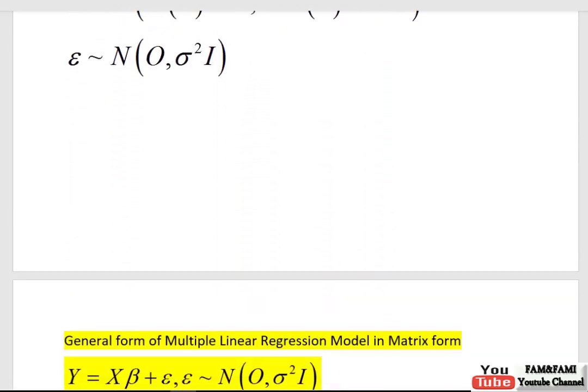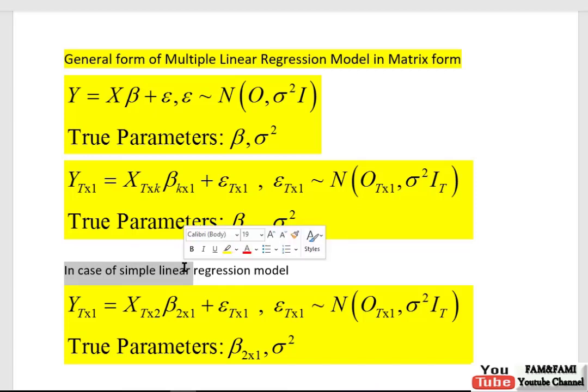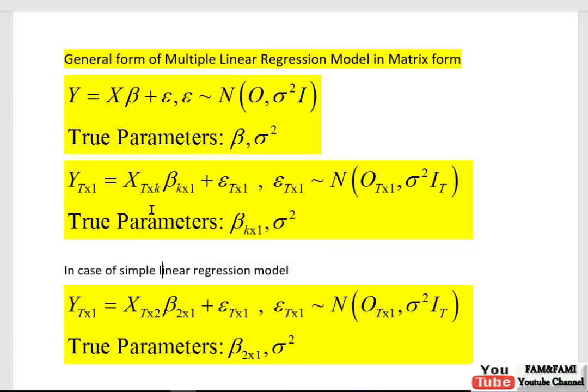One last thing: in the same model, let's consider the case of a simple linear regression model in matrix notation. How can it be done? In a simple linear regression model, we simply reduce the number of columns from k to 2 and the number of betas from k to 2.